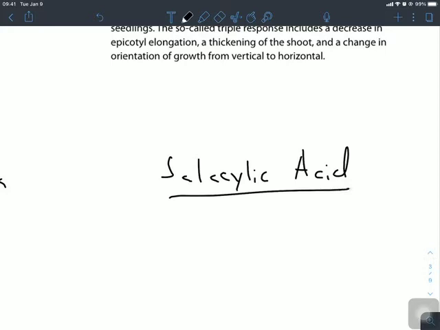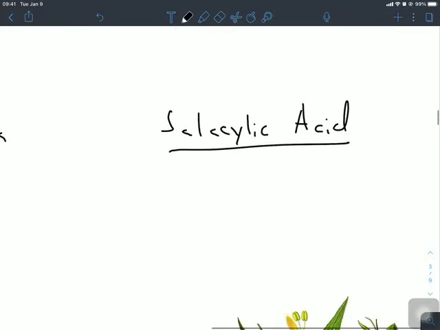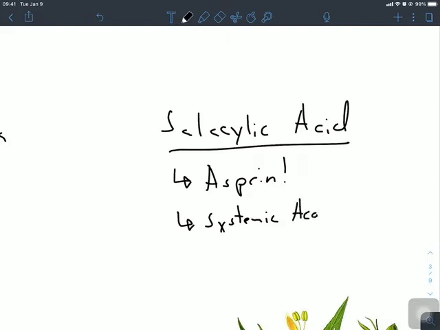A hormone that may be better known to you as aspirin. That's its trade name in terms of human pharmaceuticals. It plays a giant role in something called systemic acquired resistance, because plants have immune systems as well.